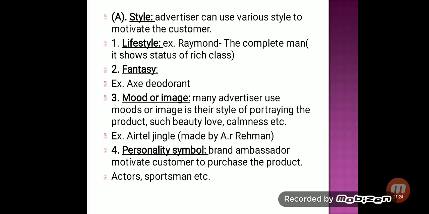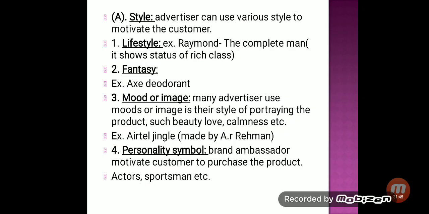So various mood or image can also be created during the execution. So during the advertisement of Airtel, they are using a jingle made by A.R. Rahman. Jingle means a musical instrument.